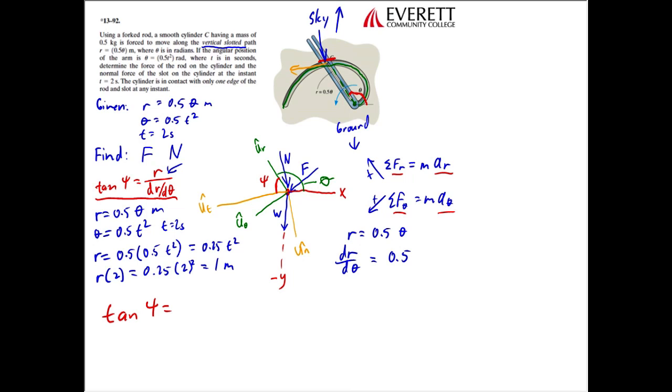We have 1 meter over the top of dr d theta, which is 0.5 meters. Meters cancel out, and we get tangent of psi equals 2. Take the inverse tangent. Psi is equal to the inverse tangent of 2.